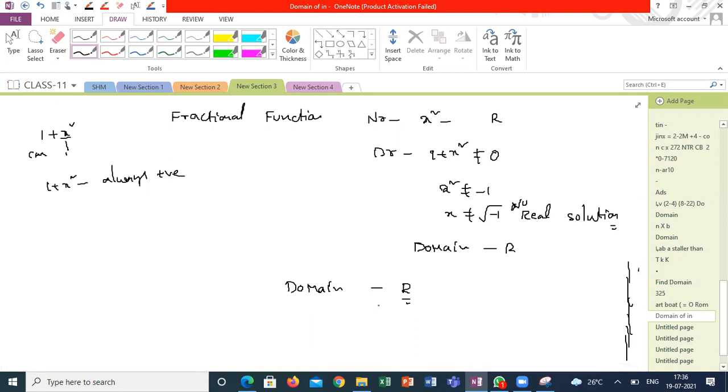Why R plus? Is it R plus? How it is R plus? So numerator is x square, so it's always positive, and denominator is 1 plus x square, that is also always positive.